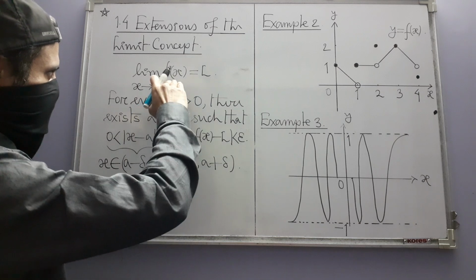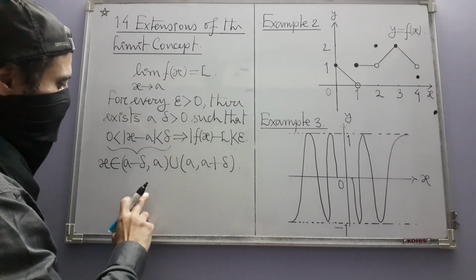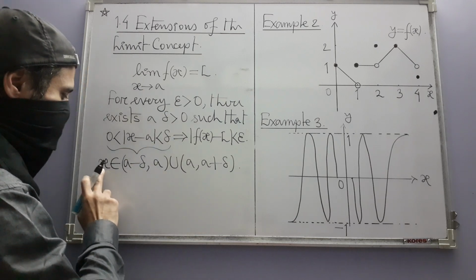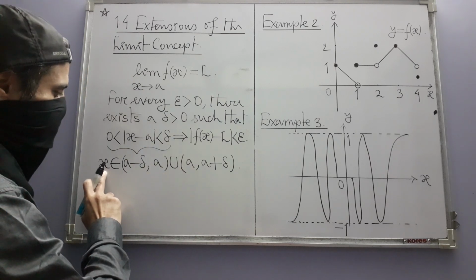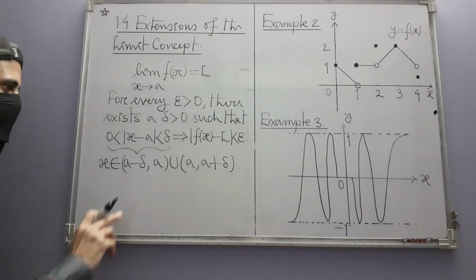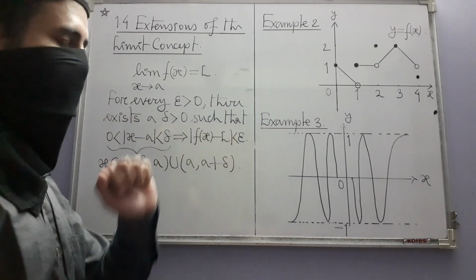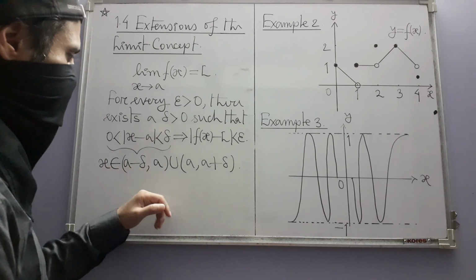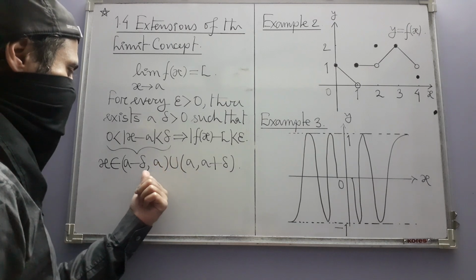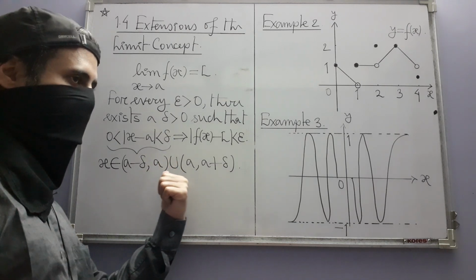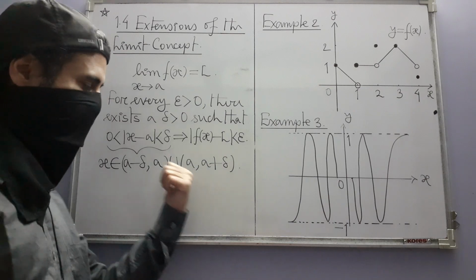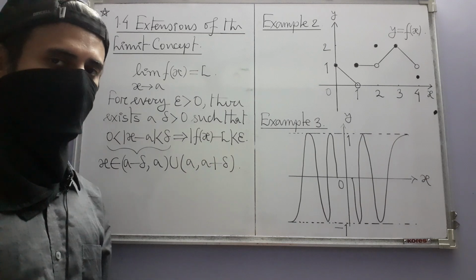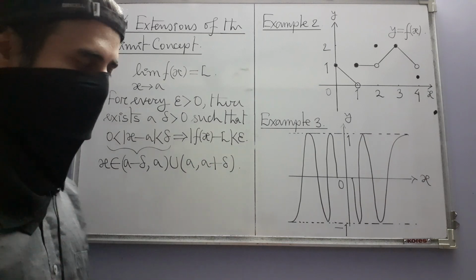So what the limit demands is that as x is close to a, okay, here we are looking at values x which are close to a, then f of x is close to L. But note that x being close to a at the same time can either be less than a, that is may lie to the left of a, or be greater than a, that is it may lie to the right of a.